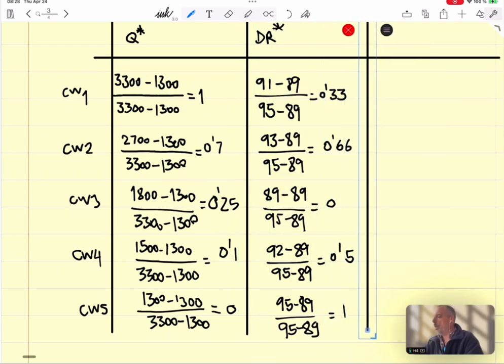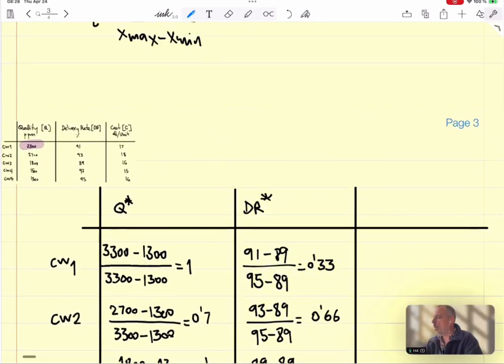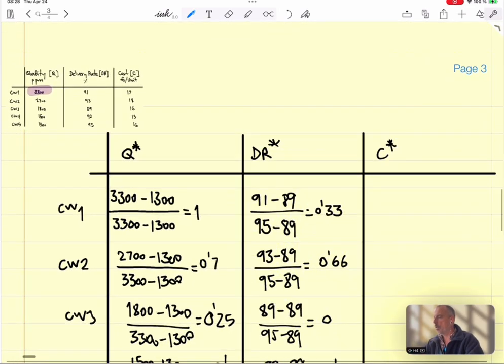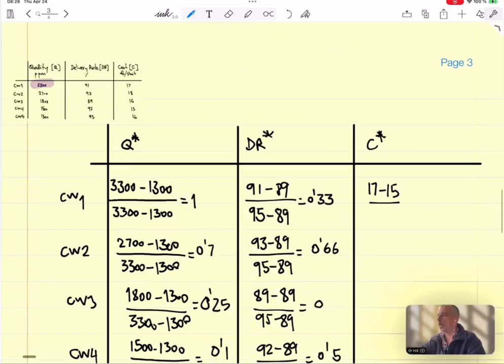And for the cost, give me the first one. This is 17 minus 15, divided by 18 minus 15.